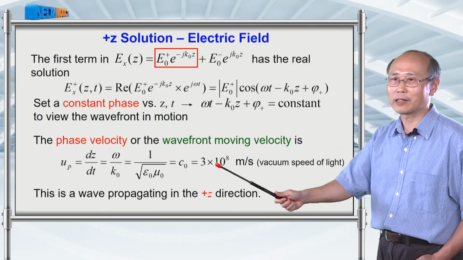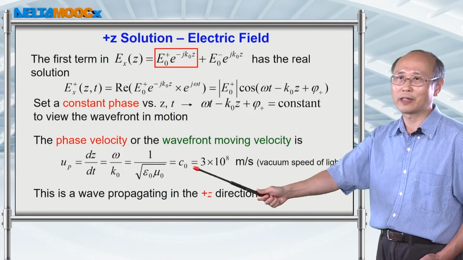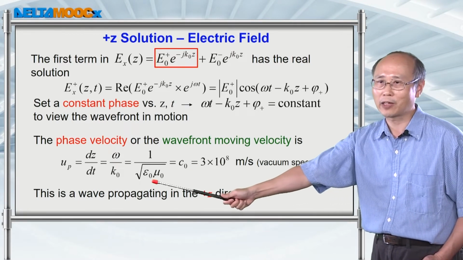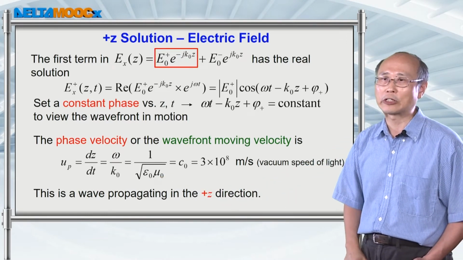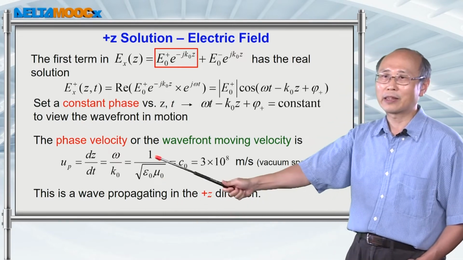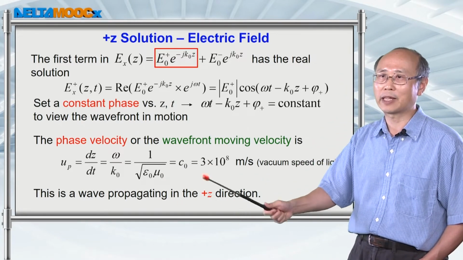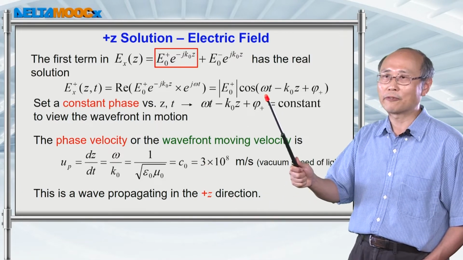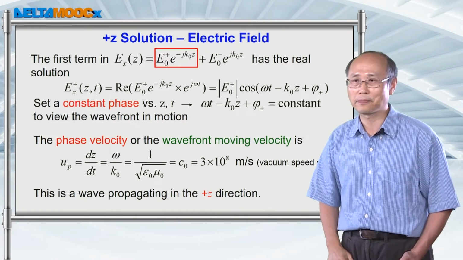And it turns out that you get a constant value that is the speed of this wave in vacuum if you use the vacuum permittivity and also vacuum permeability for your calculation. And this calculation gives you a positive value. This means that this solution gives you a wave propagating along plus z direction.